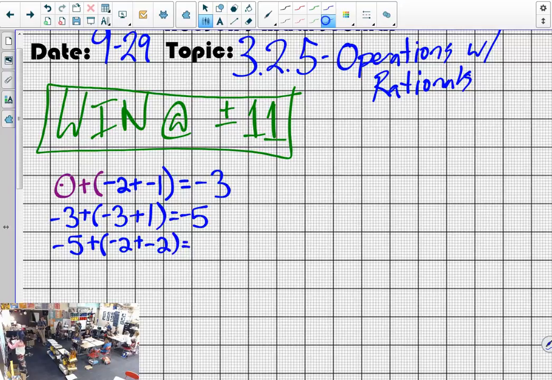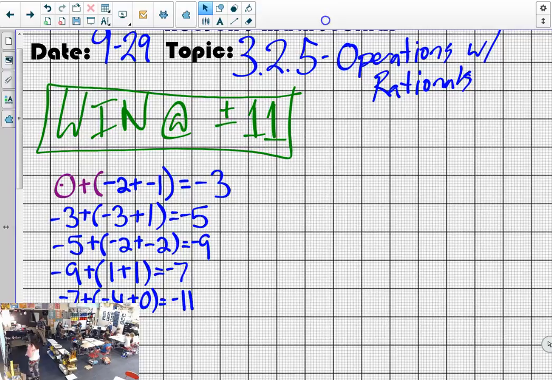She spun a negative 3 and a positive 1, decided to add them, which got negative 2, but combined with where she was, she then moved to negative 5. She then started at negative 5, got to spin a negative 2 and negative 2, added them again, ended up at negative 9, and then got 2 positives, which took her to the right to negative 7, and then got a negative 4 and a 0, and finally made it out to negative 11.